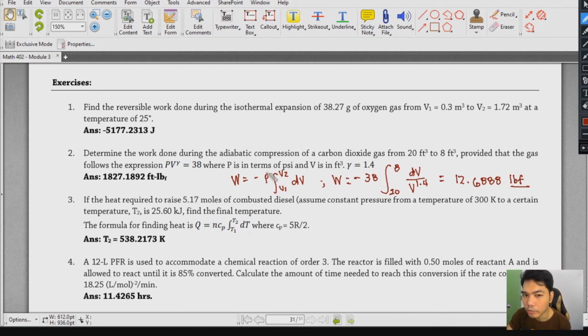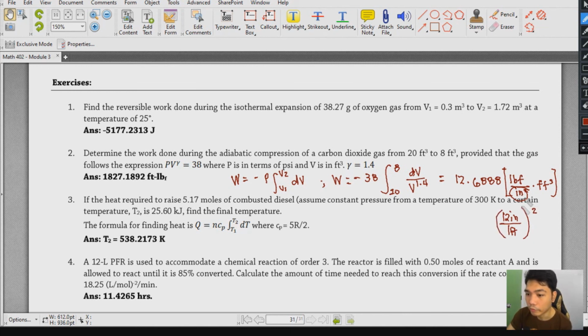So since diba this one is in terms of PSI, so that's in inch squared. And then of course, times cubic feet. So ganyan yung unit niyan. So we have to convert this in terms of pound force feet. So we have to make this in terms of feet. So diba, i-multiply natin to ngayon sa 12 inches per 1 foot raised to 2. Kasi diba dapat feet squared.